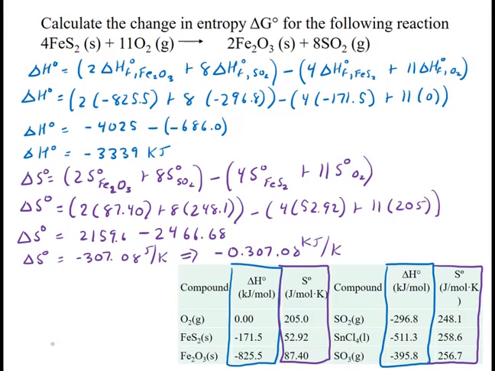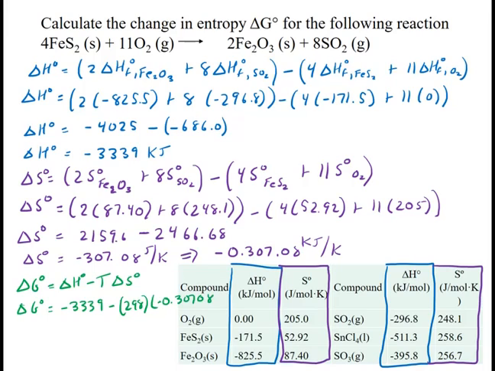And now I use delta G naught equals delta H naught minus T delta S naught. So my delta G naught is going to be my negative 3339 minus, again, the temperature is always going to be 298 for this, so 298 times my negative 0.30708.